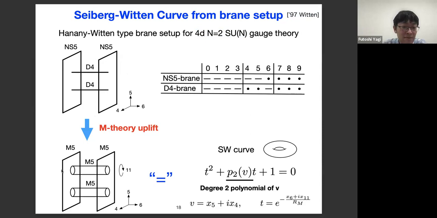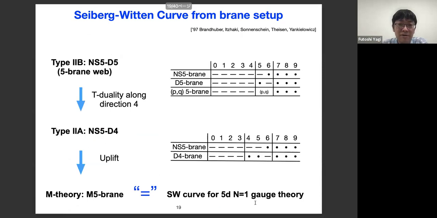So instead of saying many M5 branes of this shape, we can regard this whole thing as one single M5 brane of this shape. And this shape turned out to be identified as a Seiberg-Witten curve, if we concentrate on this 4-5 direction, 6 direction, and M theory circle direction. And this is how we construct Seiberg-Witten curve based on the brane setup.